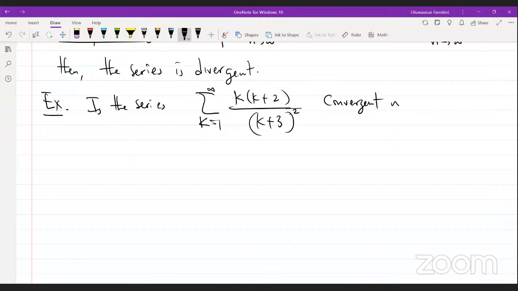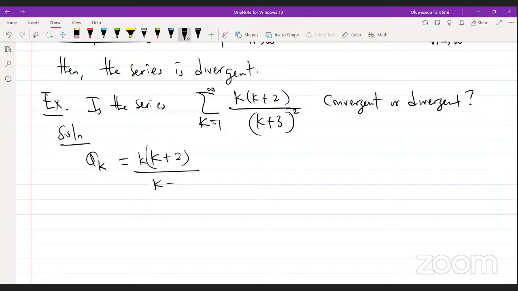So we need to investigate. The first thing to do is to isolate this term. So a_k is k plus 2 over k plus 3 squared. Now, I want to check something. The limit as k goes large: if it is not 0, or if it does not exist, then by the test for divergence, this series diverges.